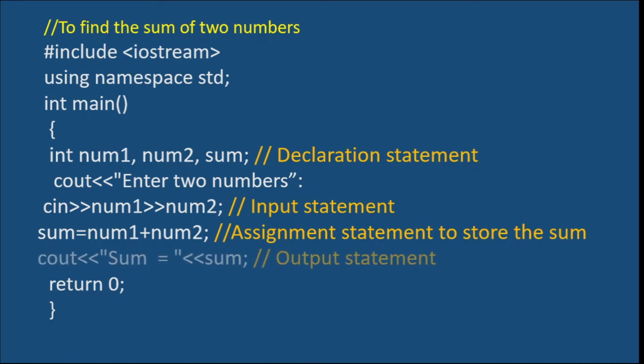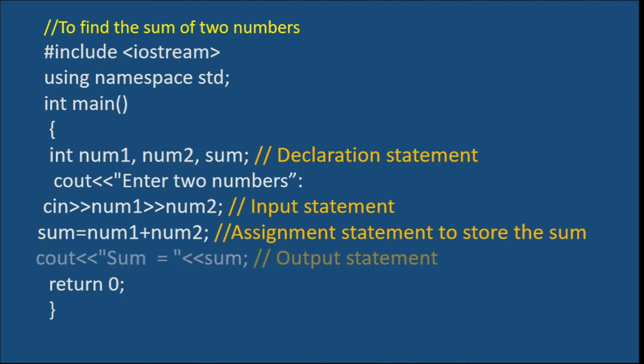Thereafter return 0. Whenever we are learning such types of programs, along with that we have to learn different concepts of C++ programming. So we have to learn about declaration statements and how to declare the variables in the C++ programming language, and what are the different types of data types that we can use to declare a variable.